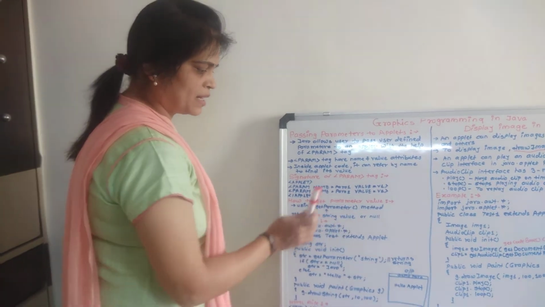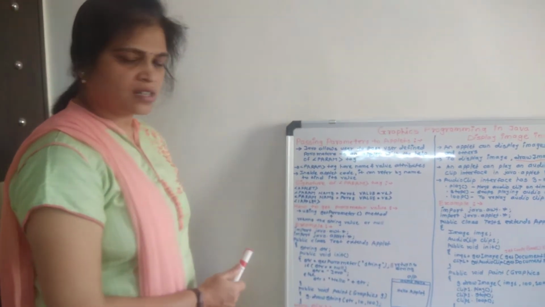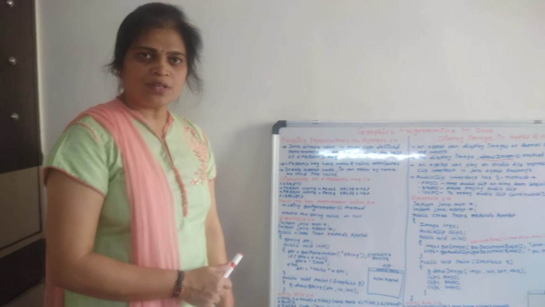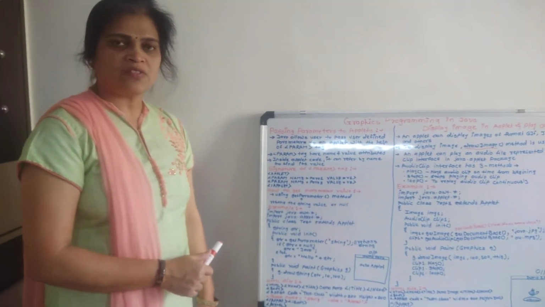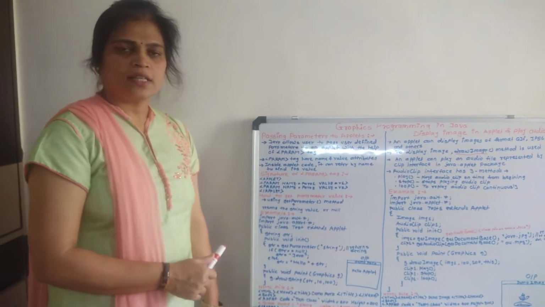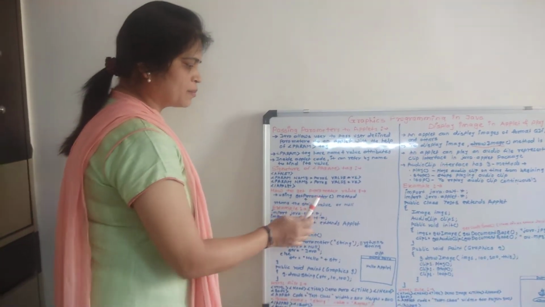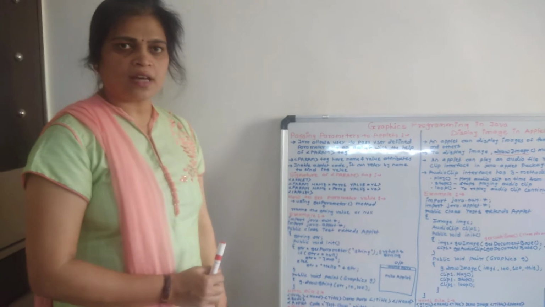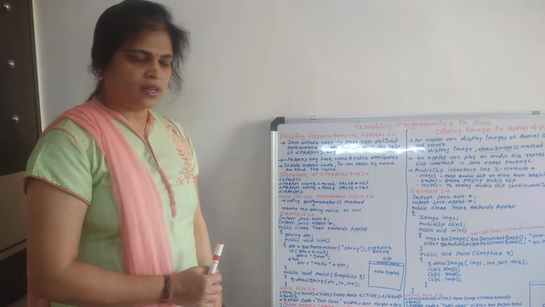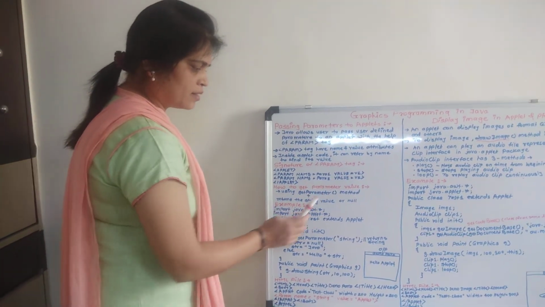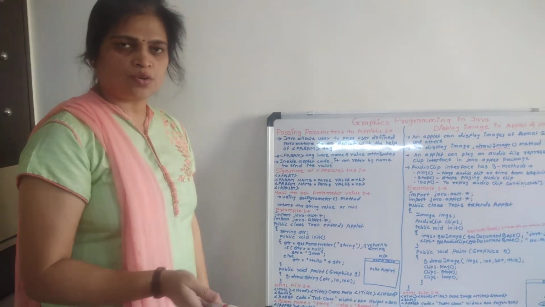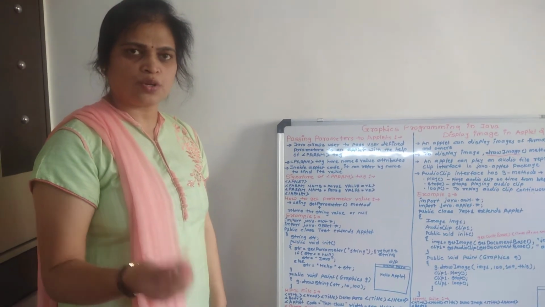The getParameter method returns the string value if the value exists, and if it does not exist, then it will return the null value. This method is used when the applet is going to load. That means we always have to use it when the applet is going to load.